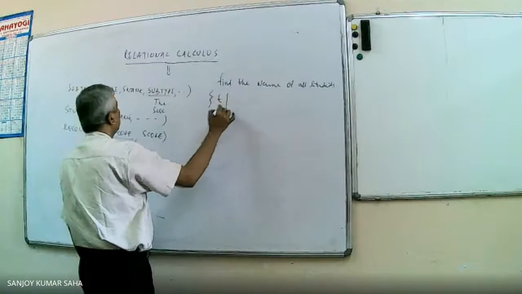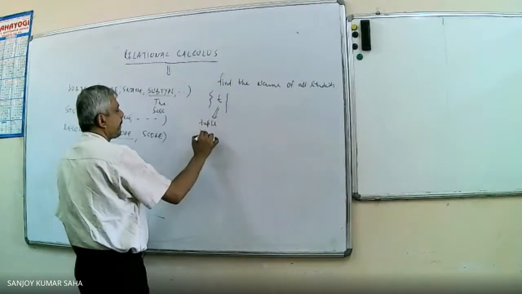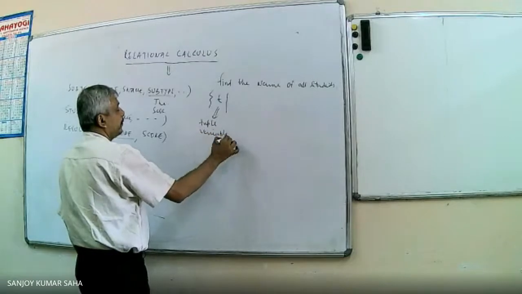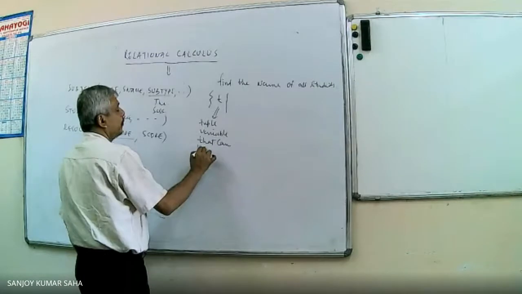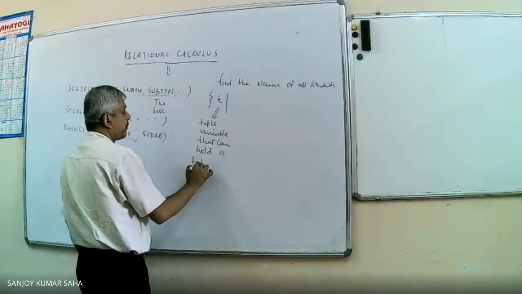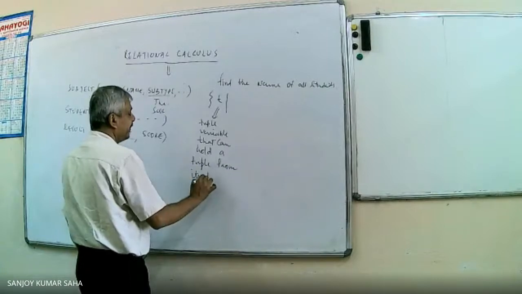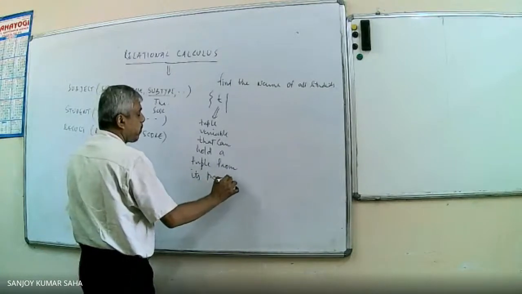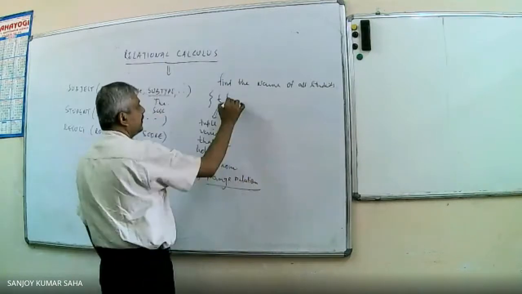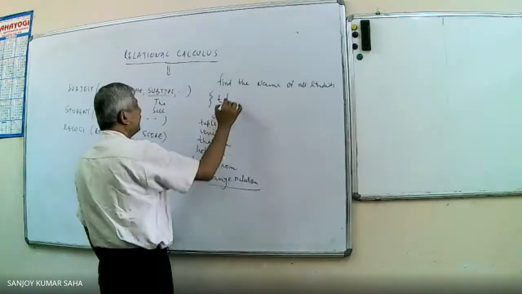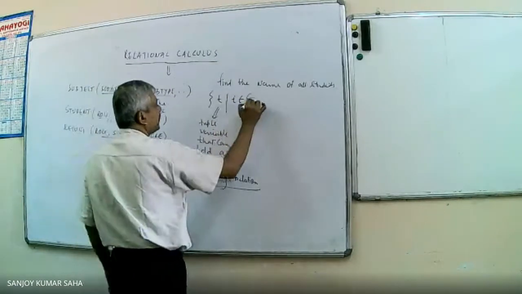T is our tuple variable, a variable that can hold a tuple from its range relation. Here we are specifying that T belongs to student.